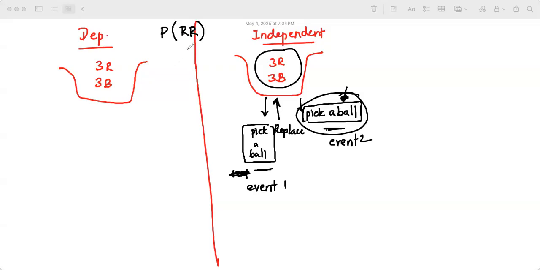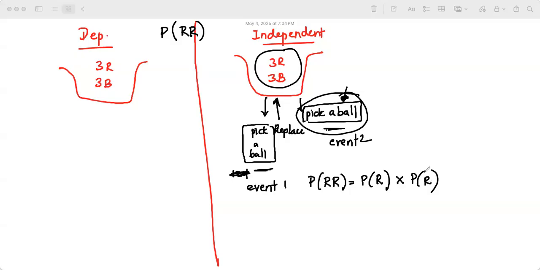There are two picks, right? The probability of a red and a red ball is nothing but the probability of picking a red ball in the first pick times the probability of picking the red ball in the second pick.